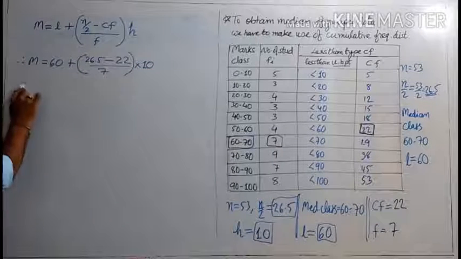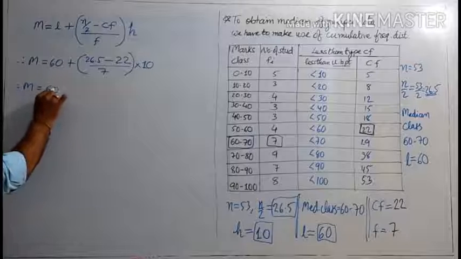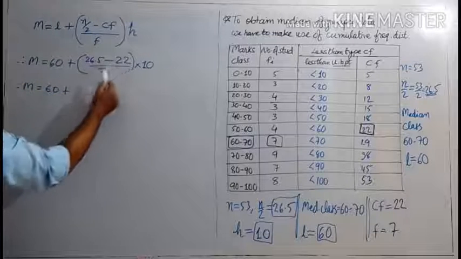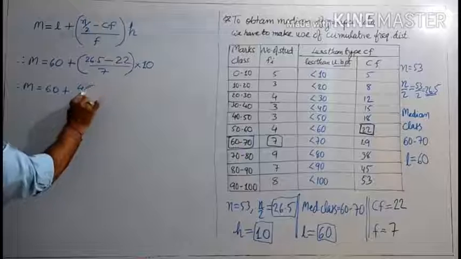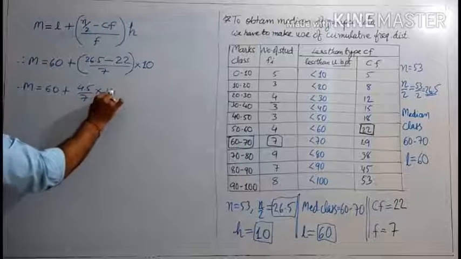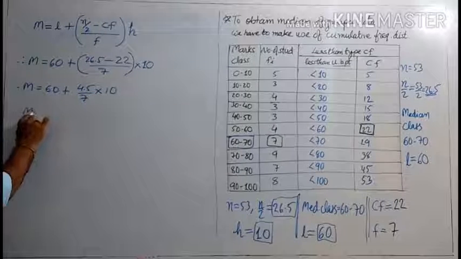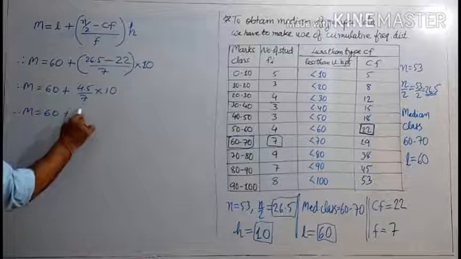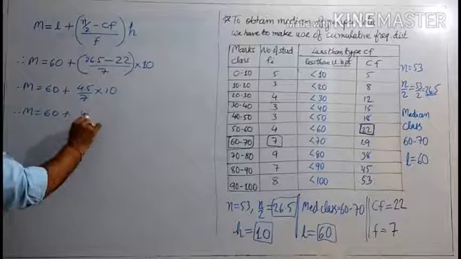So we will get median is equal to 60 plus 26.5 minus 22, that is 4.5, divided by 7 multiplied by 10, and therefore the median is equal to 60 plus 45 by 7.